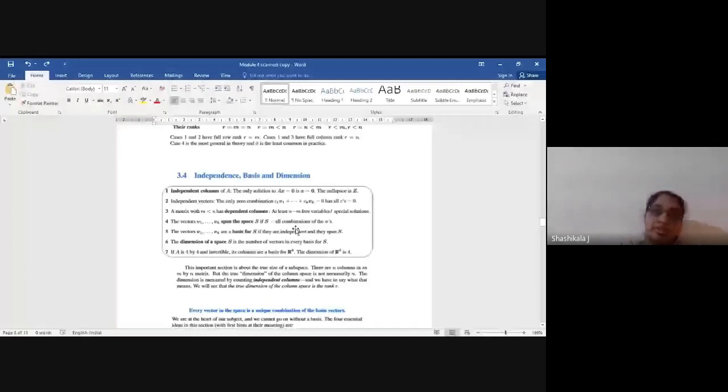Next is dimension. What is the dimension of the column space? Now in the example of 1, 2, 2, 4, can you identify the column space here? Write in the chat box. For the second example, 1, 2, 2, 4, write the column space.